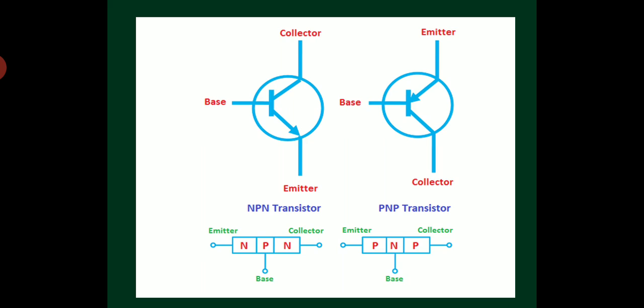The most important second point to remember is, irrespective of the type of transistor, whether NPN or PNP, in a BJT the emitter is highly doped.